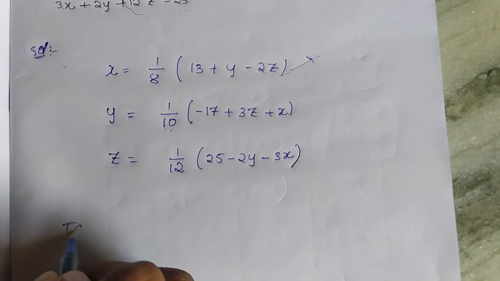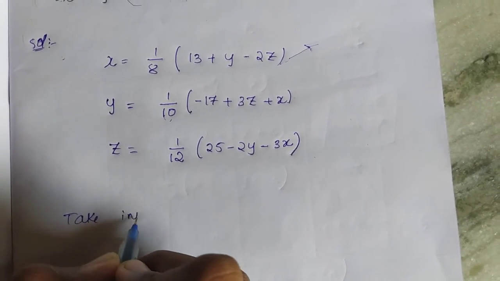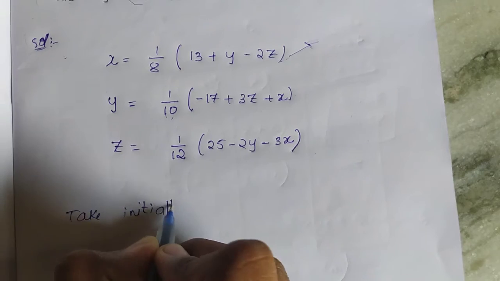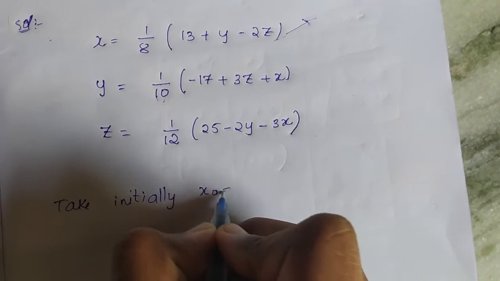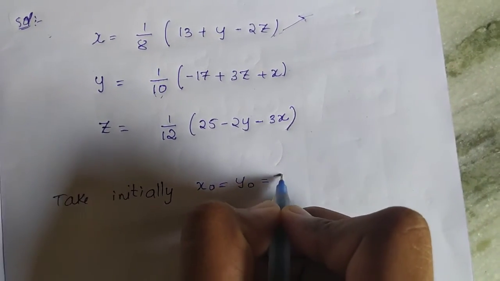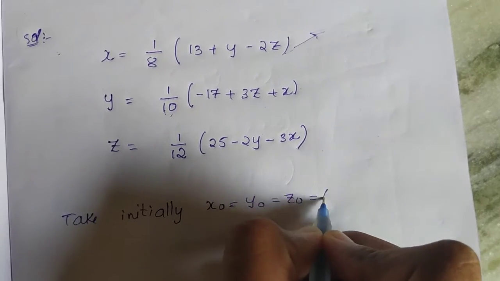Now take initially x0 equal to 0, y0 equal to 0, z0 equal to 0.